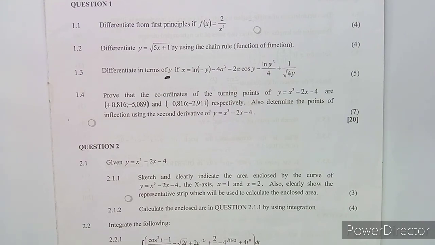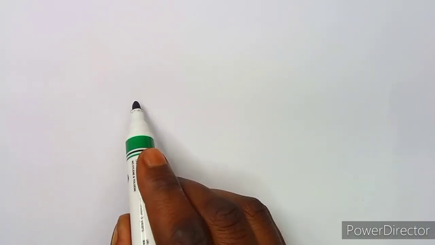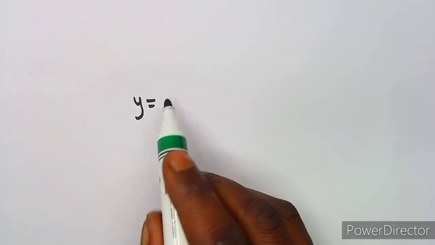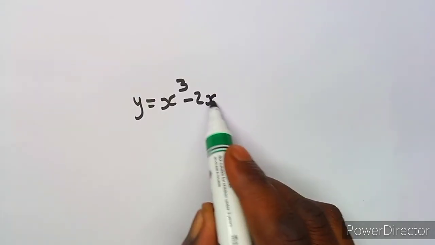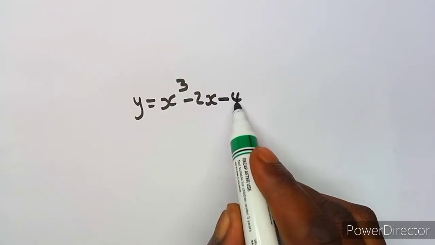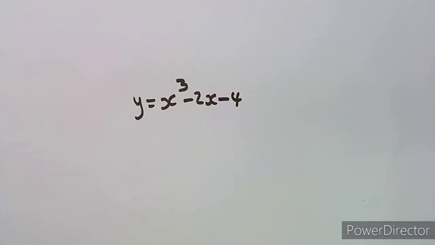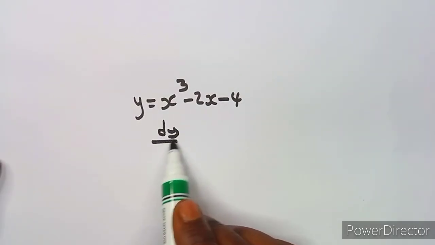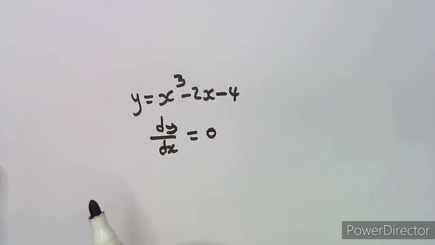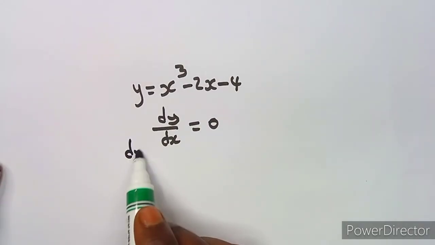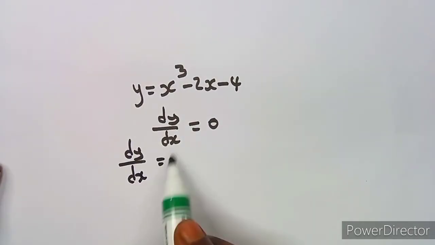Okay, so we want to determine the coordinates of the turning points. We are given that y is equivalent to x to the exponent of 3 minus 2x minus 4. To determine the coordinates of the turning points, the derivative of y with respect to x should be equal to 0. So let's find the derivative of y with respect to x.